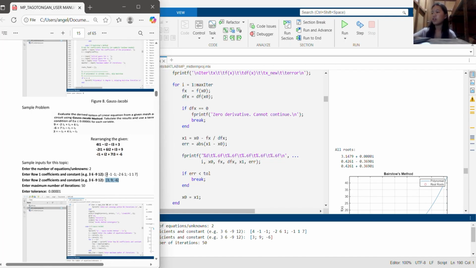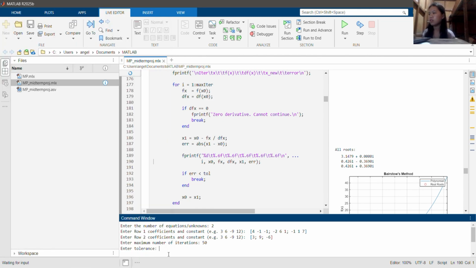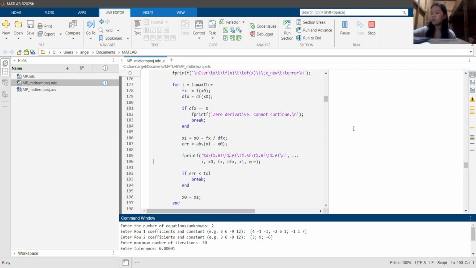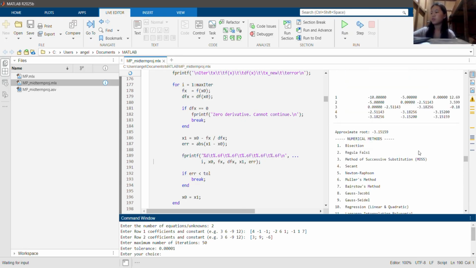And then enter our maximum number of iterations, and also our tolerance, which is 0.00001.